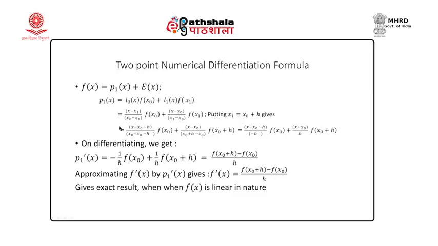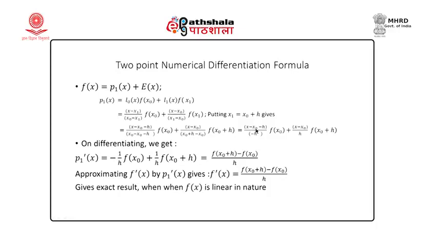And to get the estimate of the derivative, f'(x) will be approximated by the derivative of p1. So, let us differentiate this p1. So, p1'(x) is, first term, f(x0) is constant as it is, and minus 1 by h constant as it is, and the derivative of x minus x0 minus h is 1.